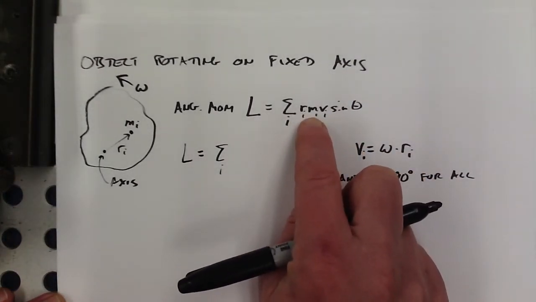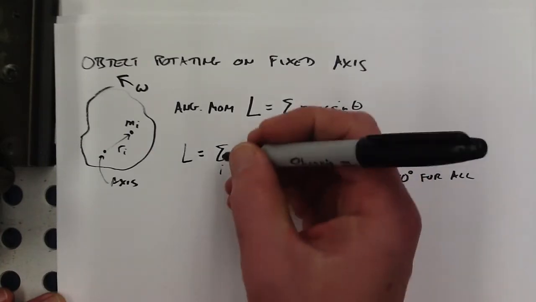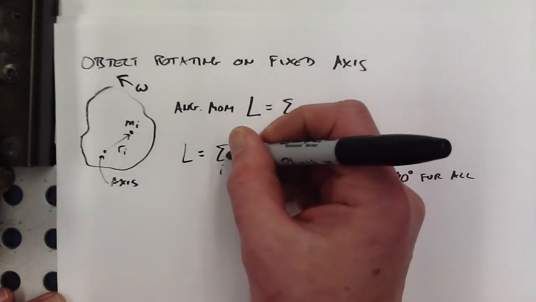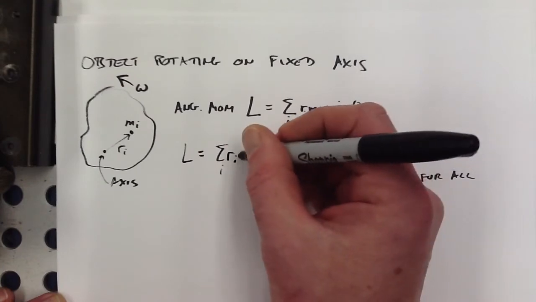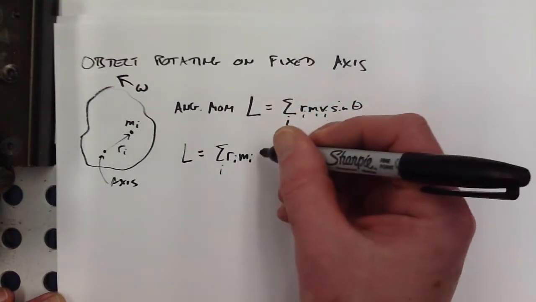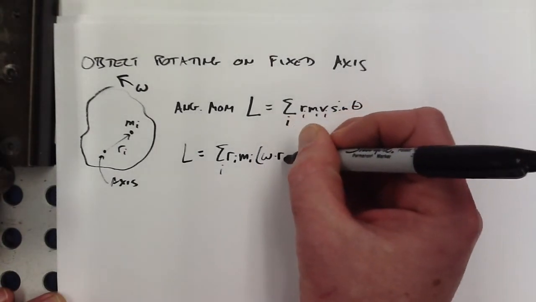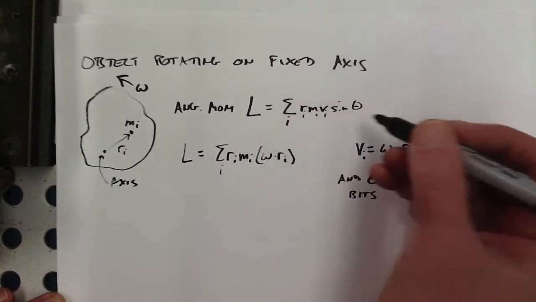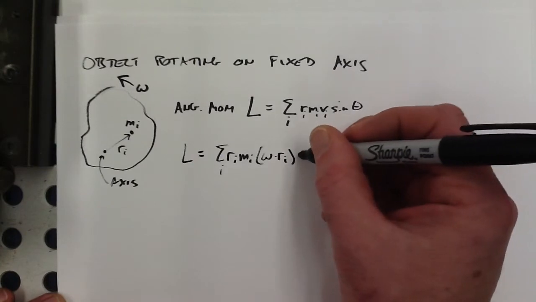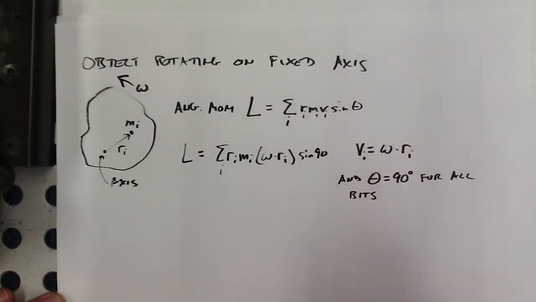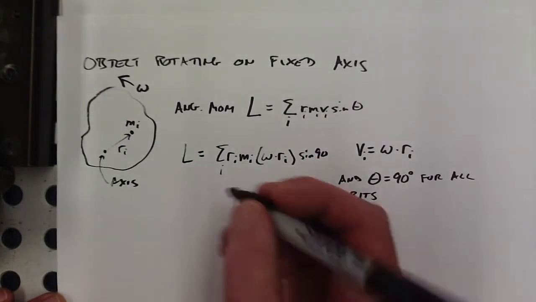R, M, V is omega times R sub I, so R, M of that particle, and then the V is omega R sub I, and the sine of theta, I'll just put it in this step, it's sine of 90 degrees, so that's going to be 1, that's going to go away.